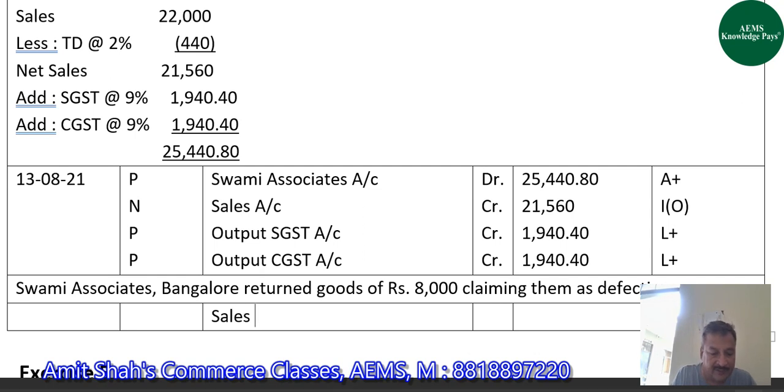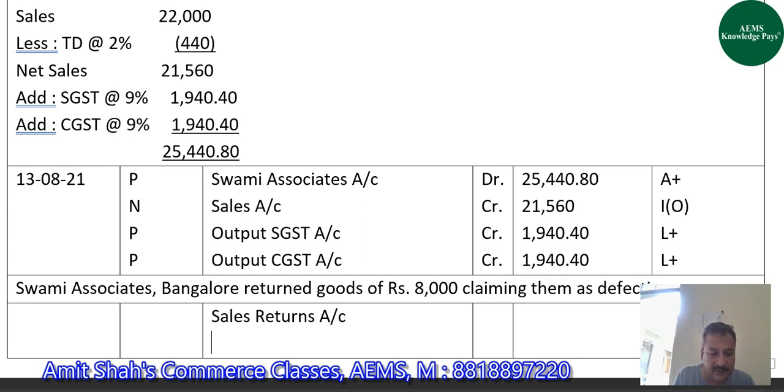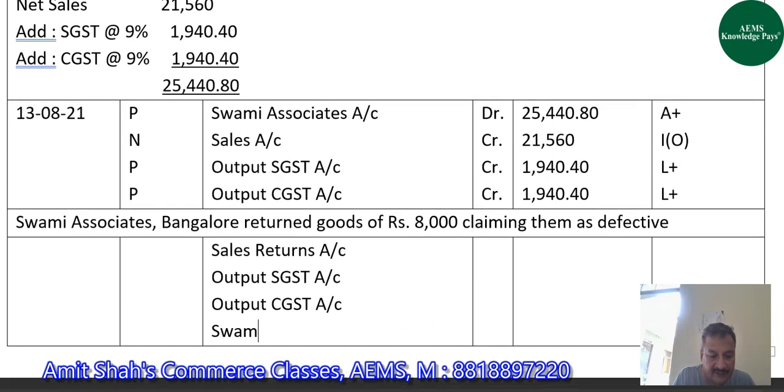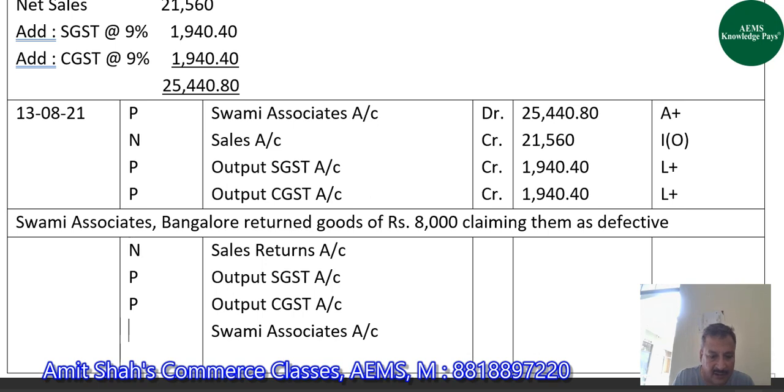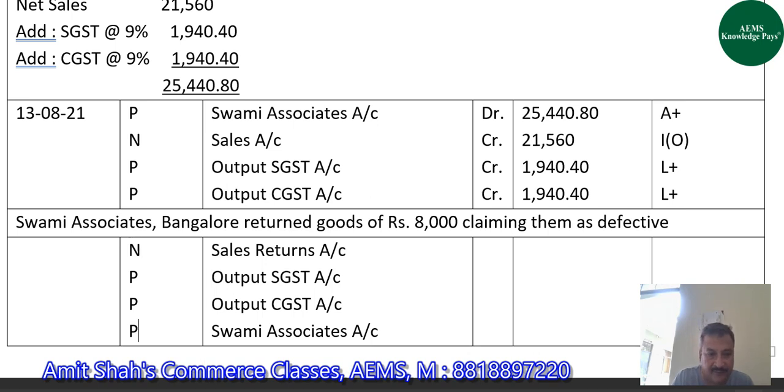So here we will debit sales returns account. We will debit output SGST account, output CGST account, and will credit Swami Associates account, the giver of goods. This is personal, this is personal, this is personal. Sorry, this is nominal, and this is personal.